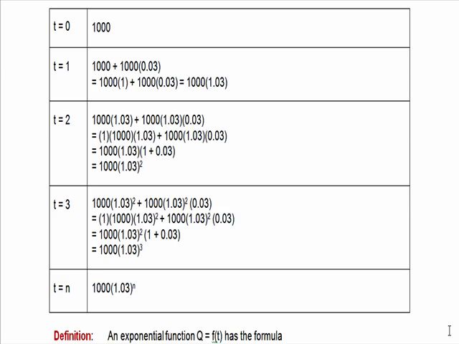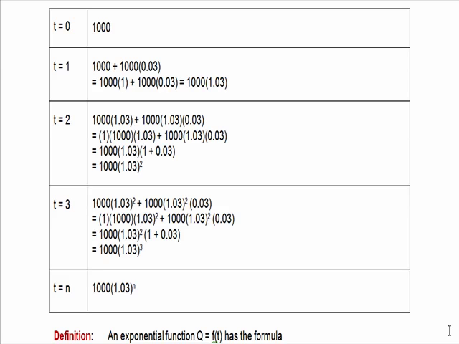Again, I'm going to factor out what's common, and what's common this time is the 1,000, but also 1.03. And when I take those out, what I'm actually going to be left with is another 1.03. So I end up with 1,000 multiplied by 1.03 squared. By now, you're probably starting to notice the pattern.